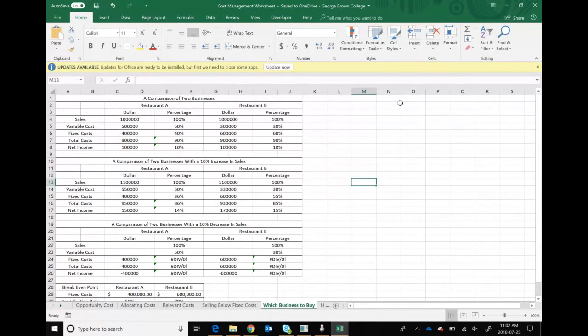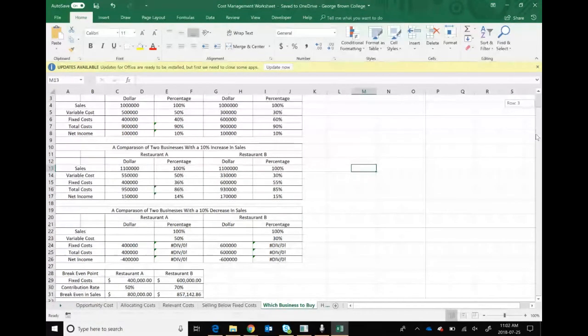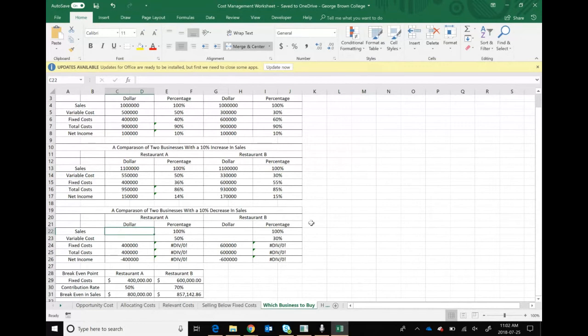So if we go down to the next one here, we have a comparison of the two businesses with a 10% decrease in sales. We take our original sales and multiply by 0.9, or 1 minus 0.1.